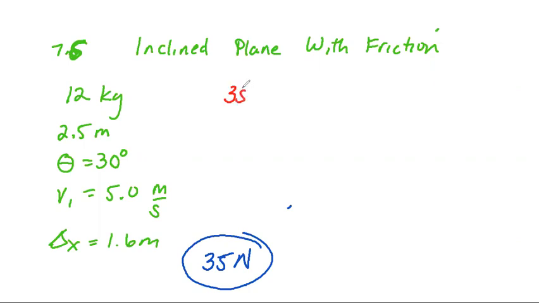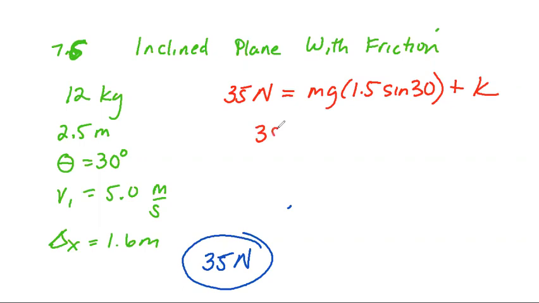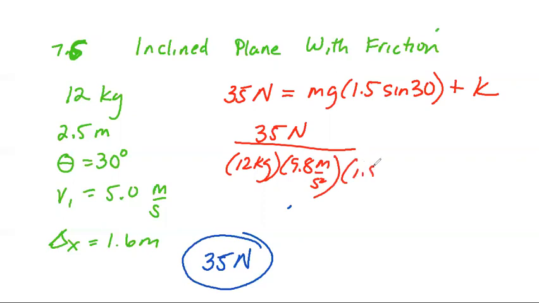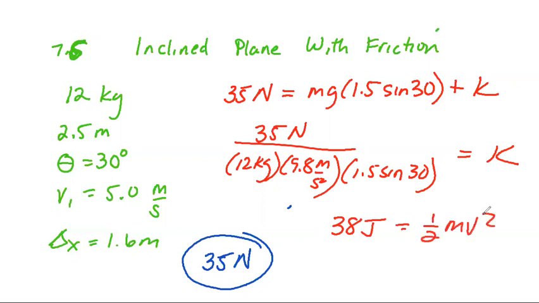So let's see, 35 newtons times 1.5 equals mg times 1.5 sine 30, plus K. So 35 newtons times 1.5 minus 12 kg times 9.8 meters per second squared times 1.5 sine 30 is going to equal K. And K equals 38 joules, and that equals 1/2 mv squared.